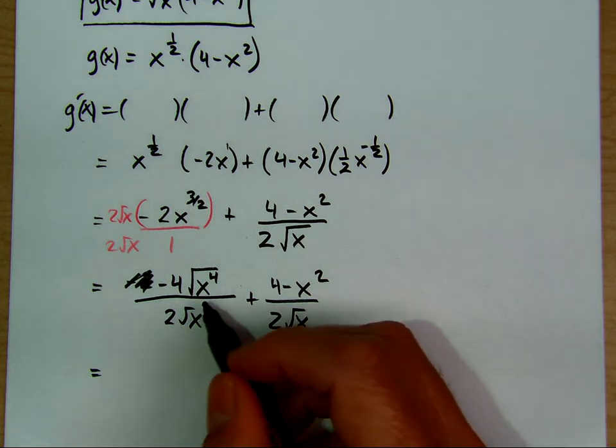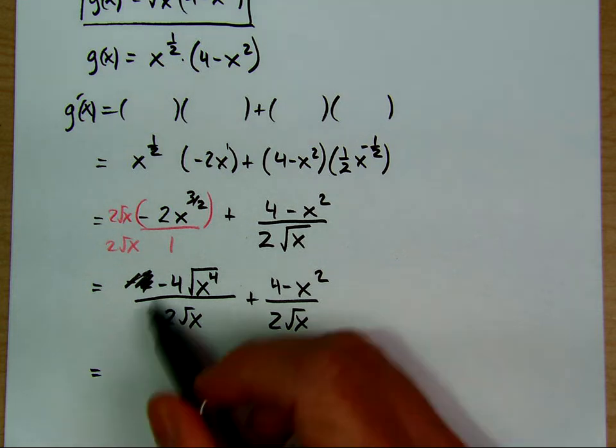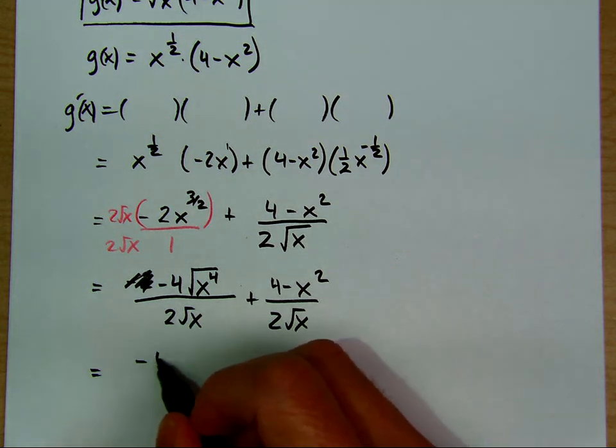And here we're going to simplify. Let's combine all of this. So we have negative 4.